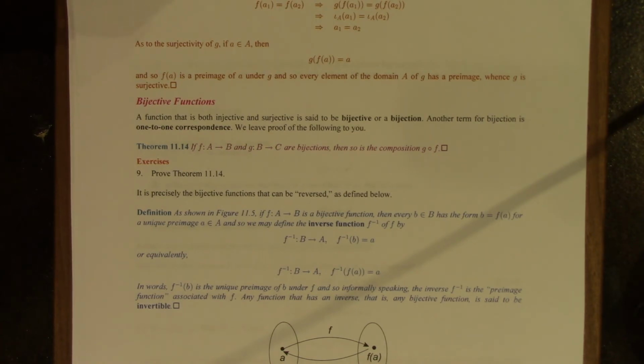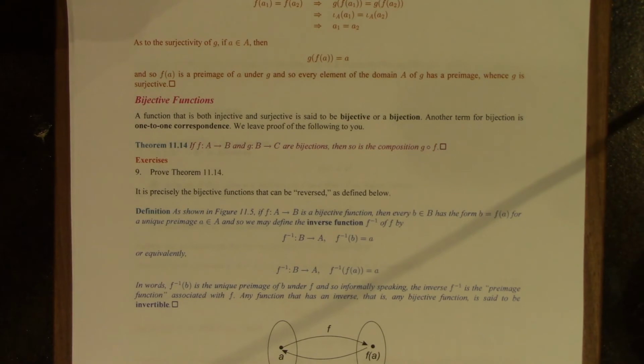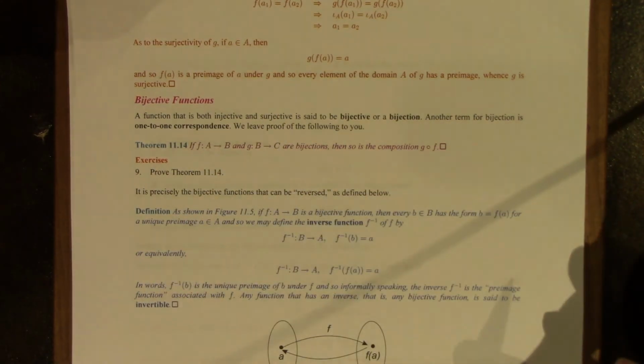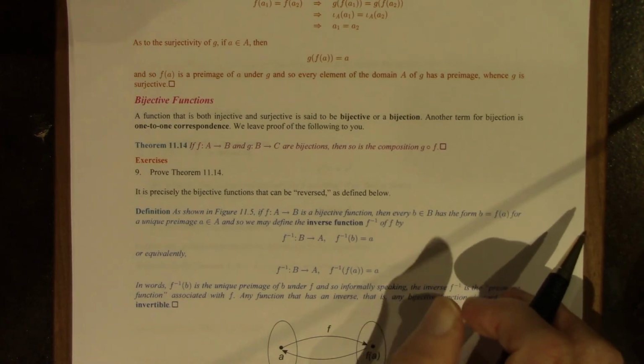I'm sure there are other places where it's commonly used, but in places like analysis, in calculus, for example, one doesn't generally refer to a bijective function as a one-to-one correspondence. They just call it bijective. Okay. And I'm going to leave for you to prove that the composition of bijective functions is bijective.